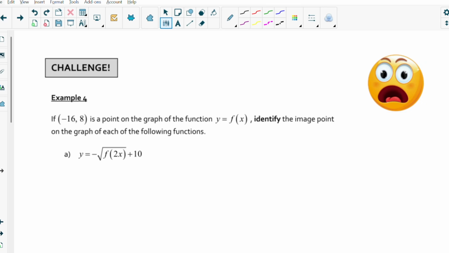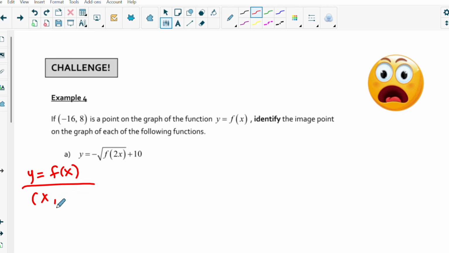All right, how about a bit of a challenge? Example 4. So let's think about this from a transformation standpoint. If negative 16, 8 is a point on the graph of the function y equals f of x, identify the image point on the graph of each of the following functions. So I have y equals f of x.